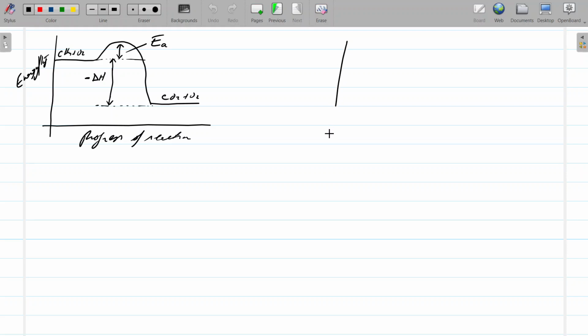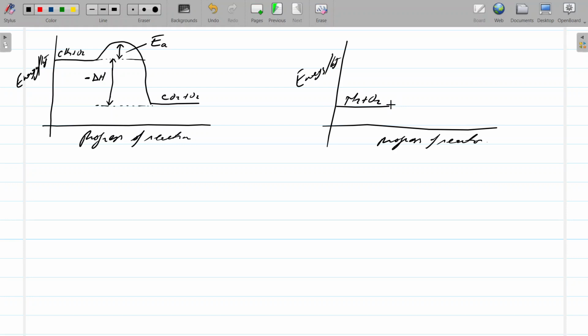And for an endothermic reaction, again you've got progress of reaction, you've got energy per kilojoules, and you're starting from here. For example, you've got nitrogen and oxygen. And so it's going to go all the way up here, then come down slightly, and over here. So how is this different?